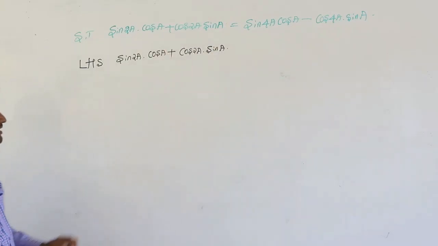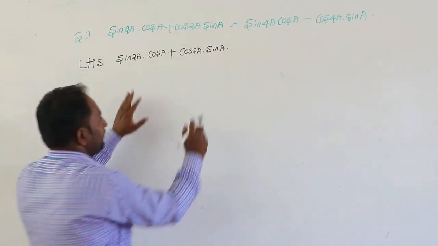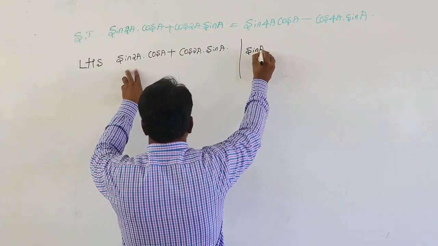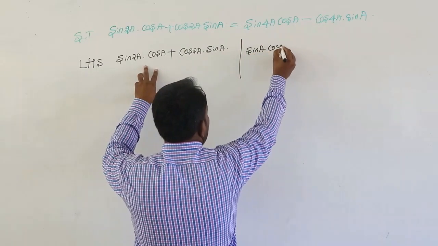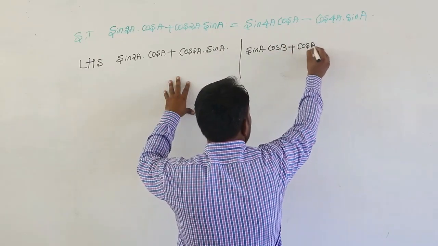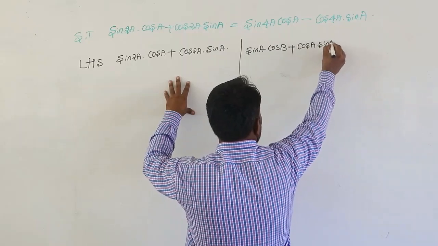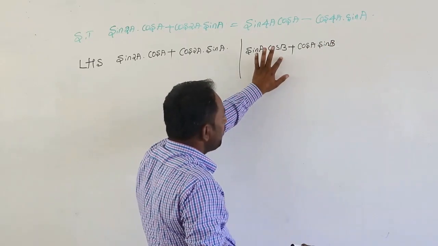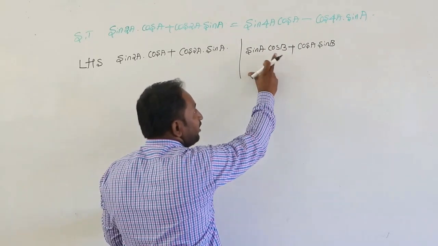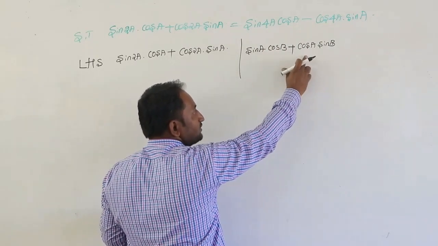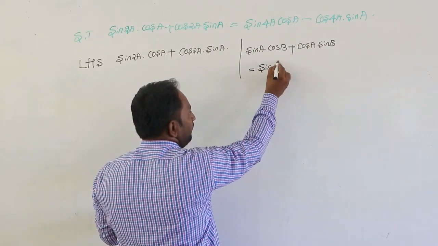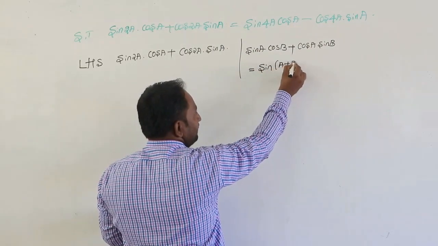This result comes under one formula, sin a cos b plus cos a sin b. Here sin a cos b plus cos a sin b is equal to sin of a plus b.